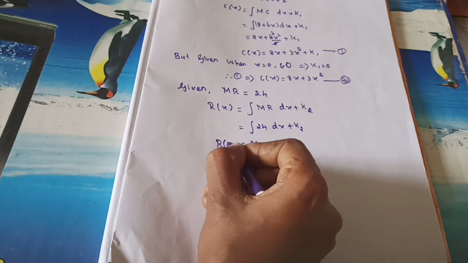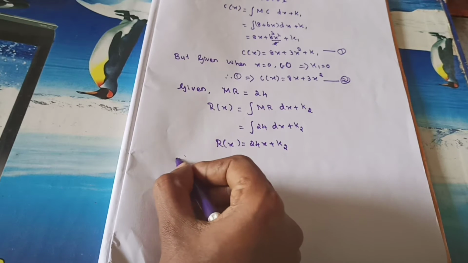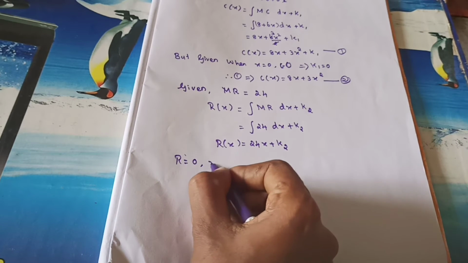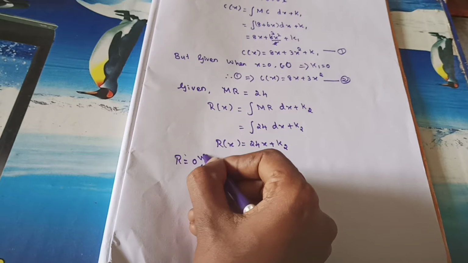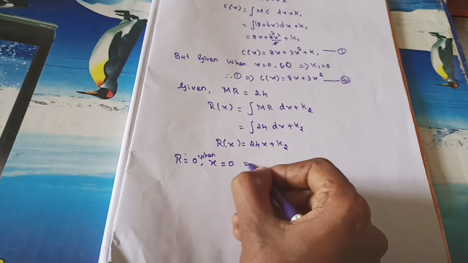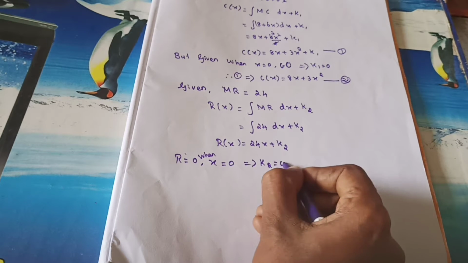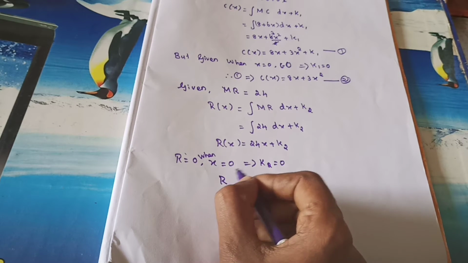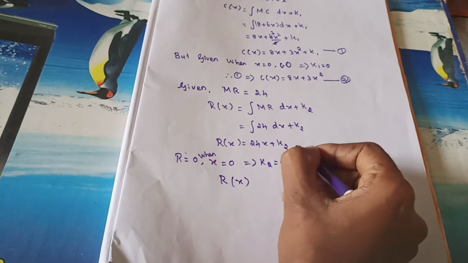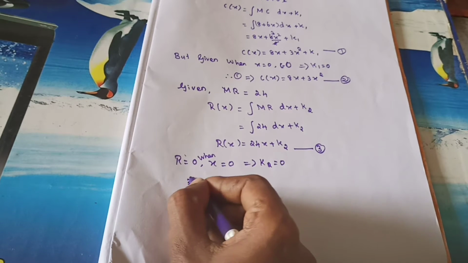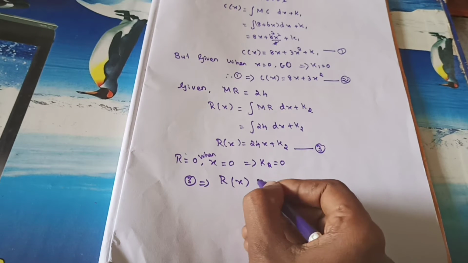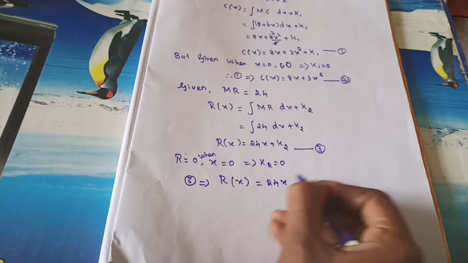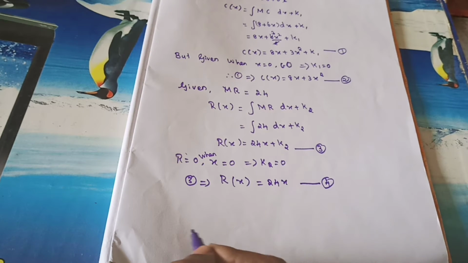This is the value of R of x. Okay, R is equal to 0 when x is equal to 0, which implies k2 also has the value 0. I taught you this in the previous problem. Take it as equation number 3. You substitute in the place of k2 as 0. That's equal to 24x. Take this as equation number 4.